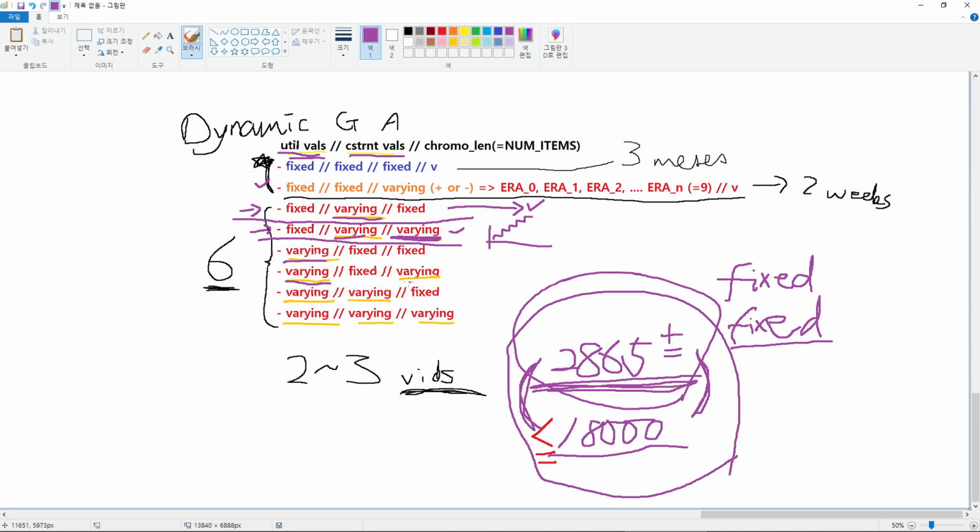Same for this: number of items varying, but that doesn't matter because I'll be getting that, so that's okay. Utility values varying, constraint values varying. Again, those two sets of values will be fixed for assessment after the evolution iteration.